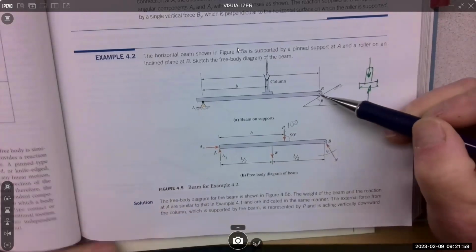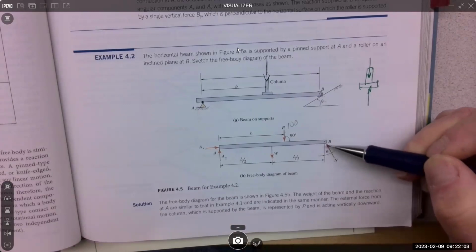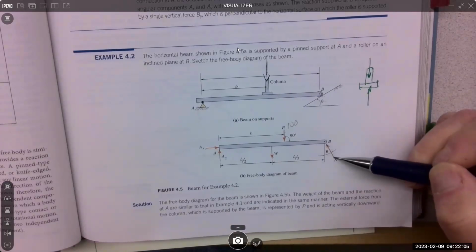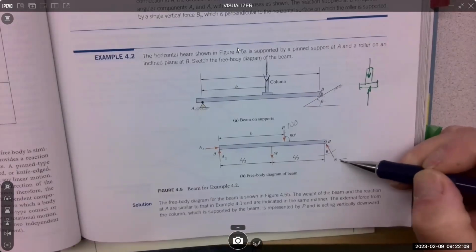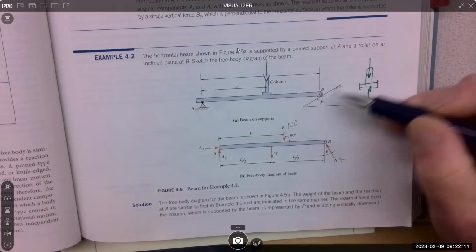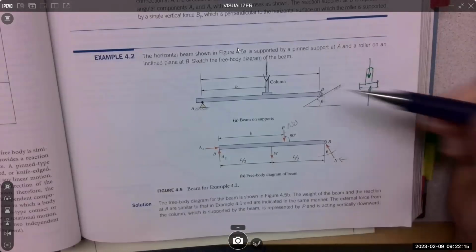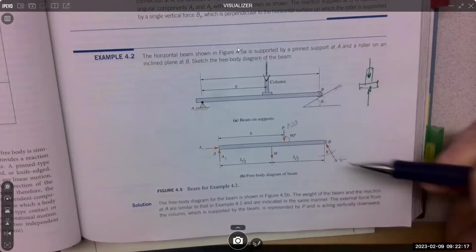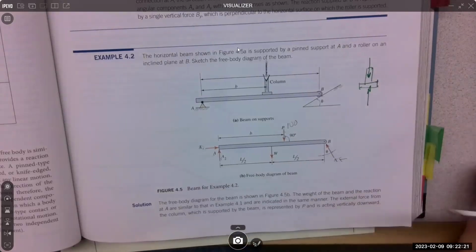Now, the roller: we're going to remove the ground and the roller and put the reaction in. That is important, and we're going to name it. They named it N because it's normal to the surface removed. Well, I probably would have named it B, not BX or BY because it's not on the X and Y, but just B or just N. That's fine.